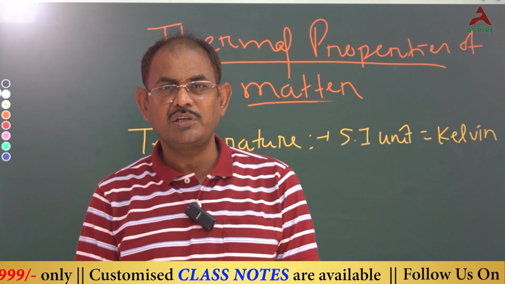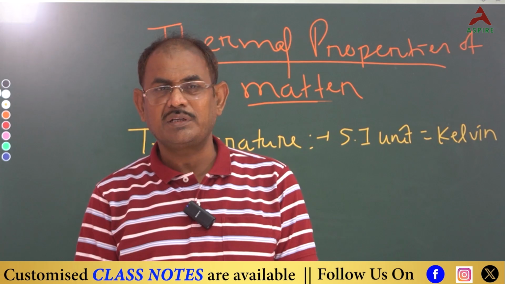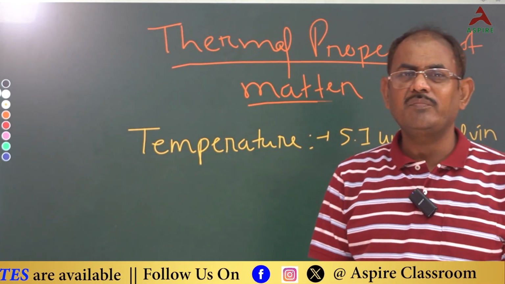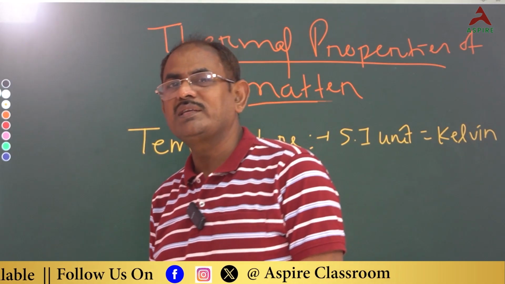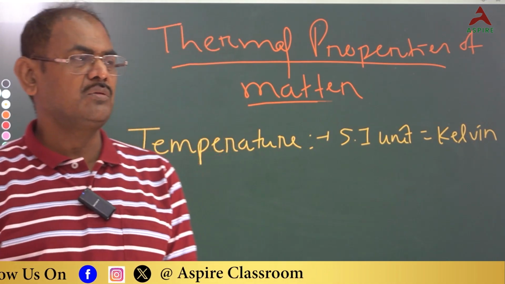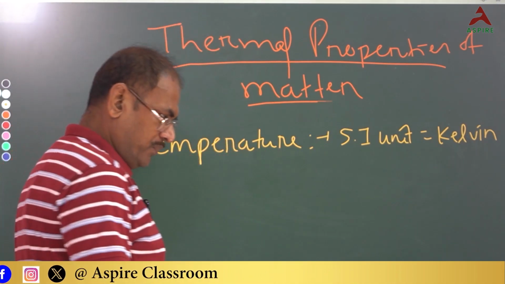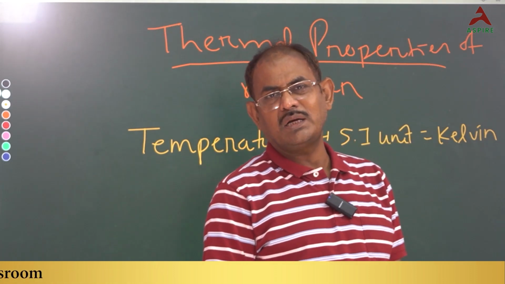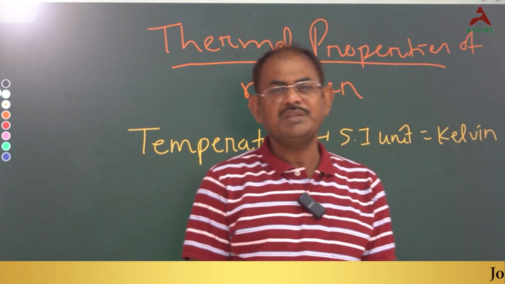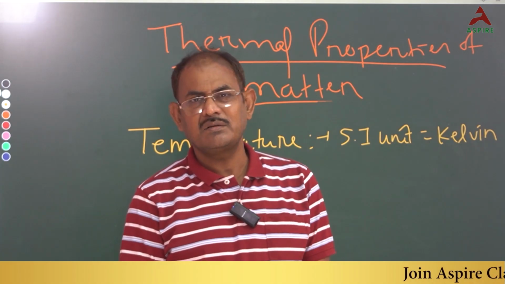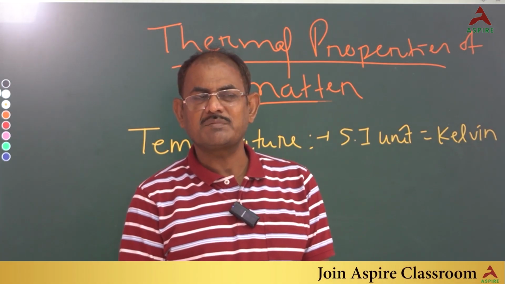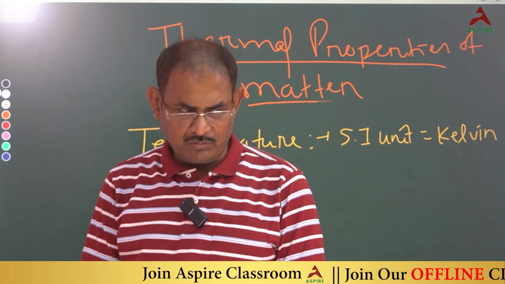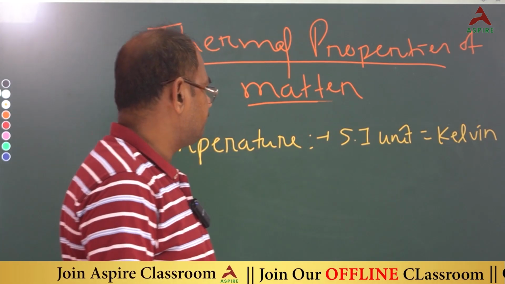So I think all of you have already used this. Now every thermometer has two fixed points. One is called the lower fixed point and the other is called the upper fixed point.